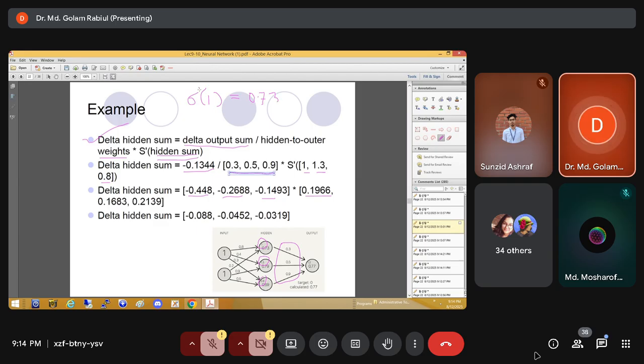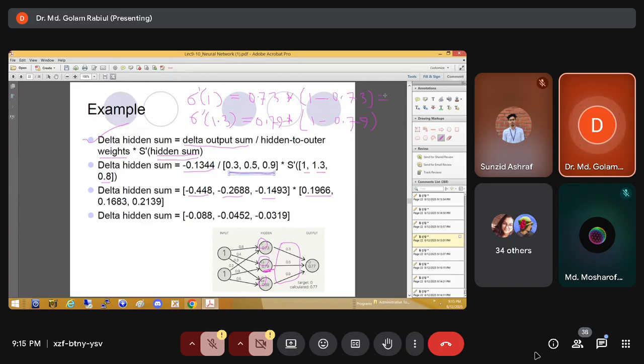Then the derivative of the sigmoid of 1 will be 0.73 times 1 minus 0.73. Similarly, the sigmoid of 1.3, we already know, is 0.79, so 0.79 times 1 minus 0.79.